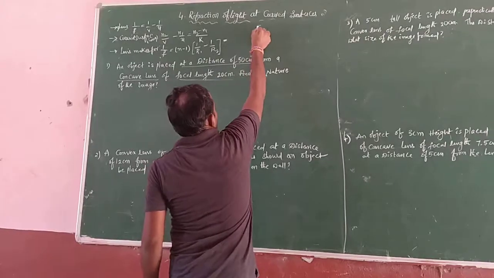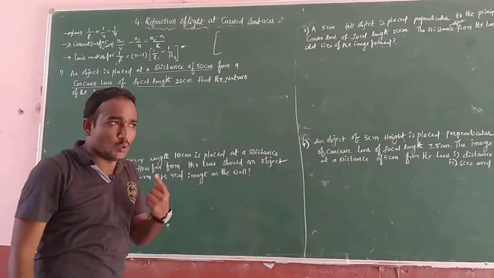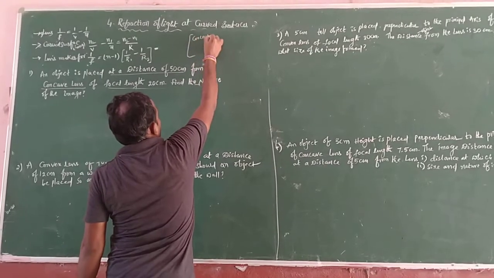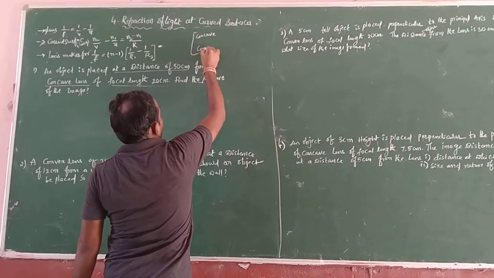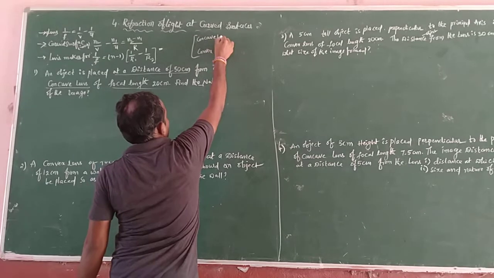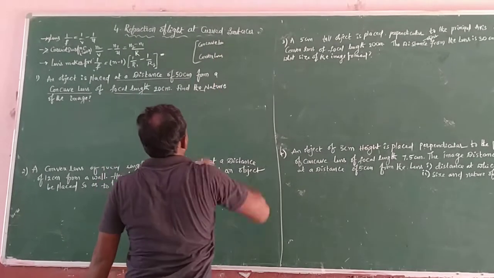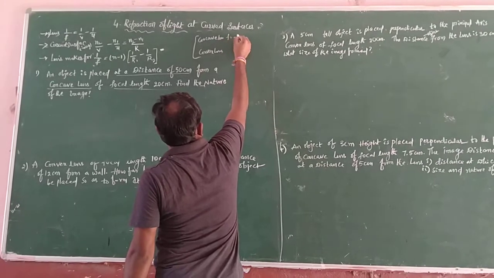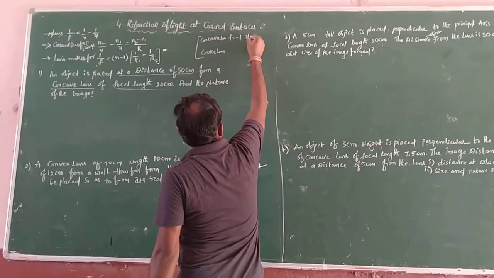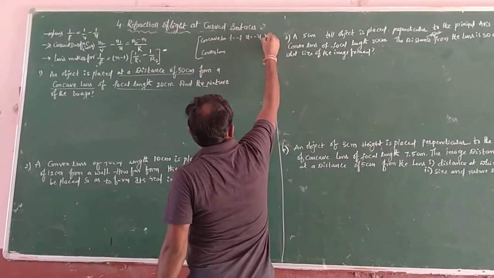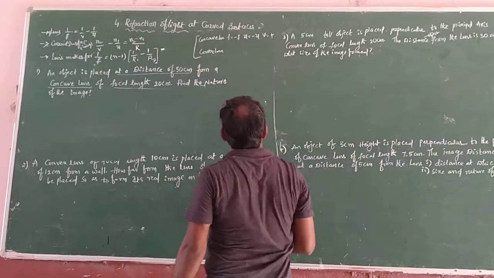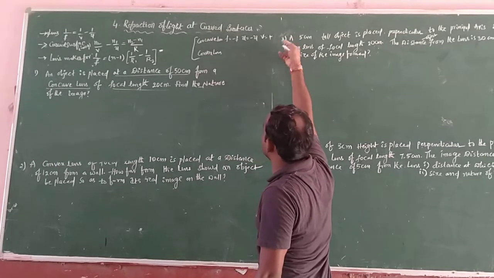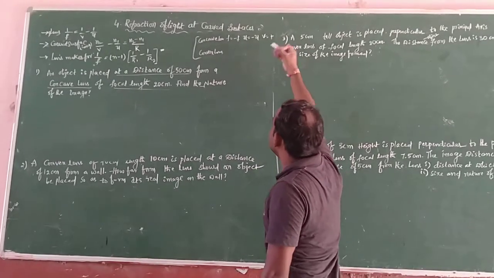So how many lenses do we have? Two lenses: one is the concave lens, another is the convex lens. For the concave lens, the focal value we always take as negative, object distance negative, and image distance positive. Keep in mind PE: enlarged, erect, virtual.